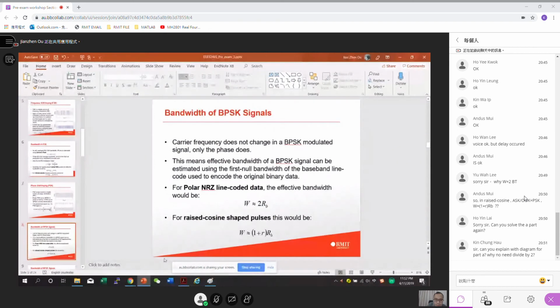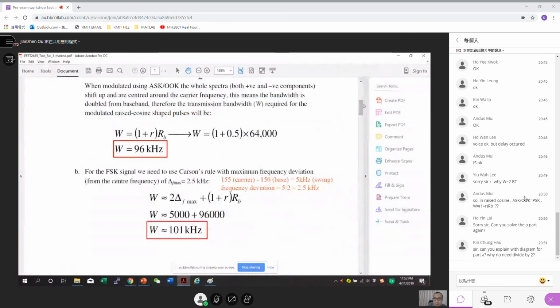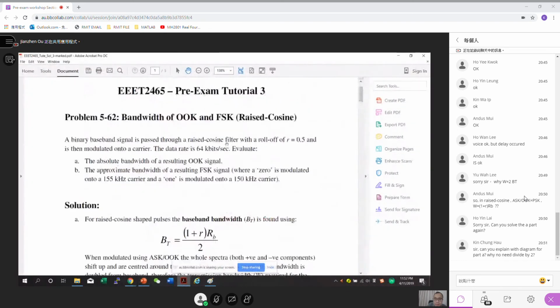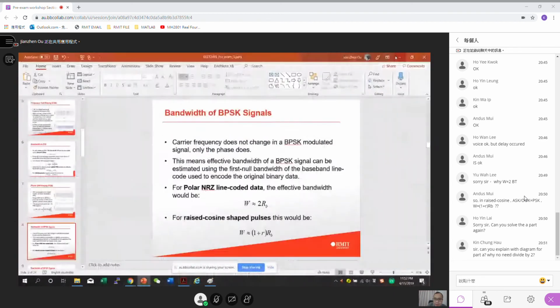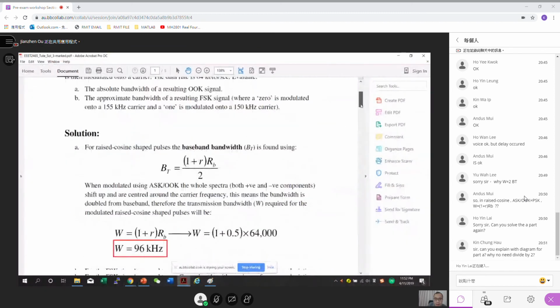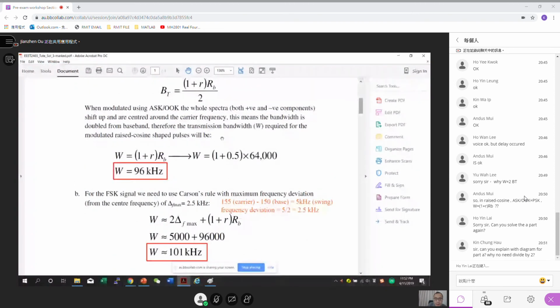But this time we have a raised cosine filter here. So that means the effective bandwidth becomes 1 plus R, where R is the roll-off factor, times the bit rate RB. So this is where we put this formula into the calculations here. So it makes sense?